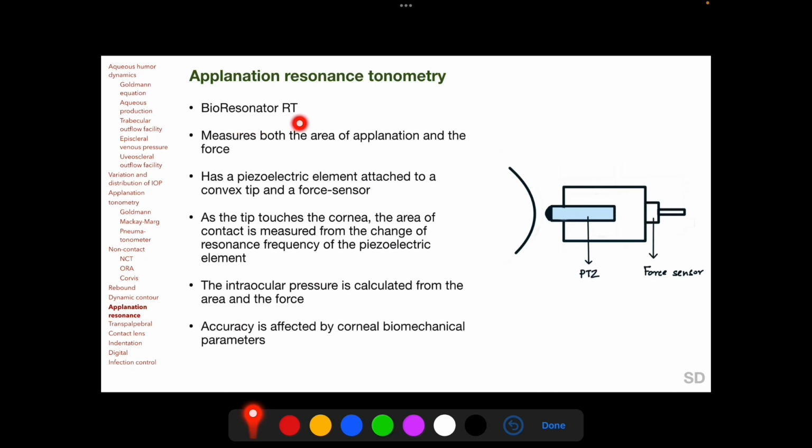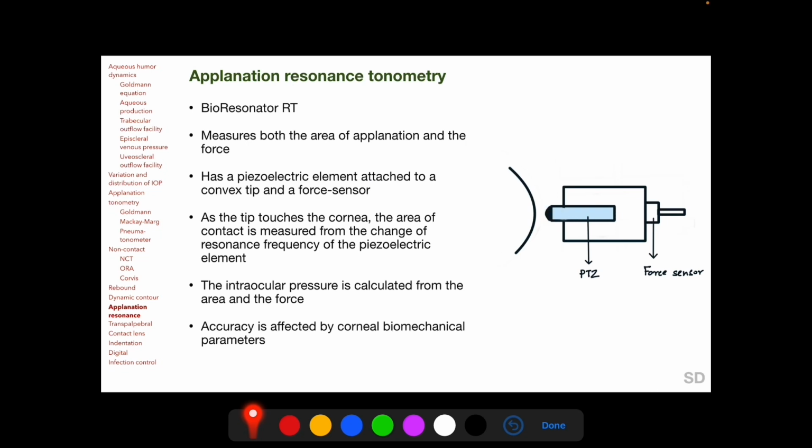The Bioresonator RT is an applanation resonance tonometer which measures both the area of the applanation and the force applied on the cornea. The device has a piezoelectric element attached to a convex tip and a force sensor.